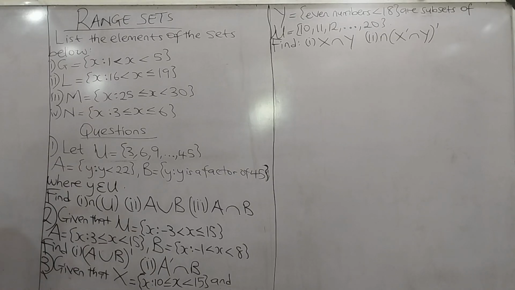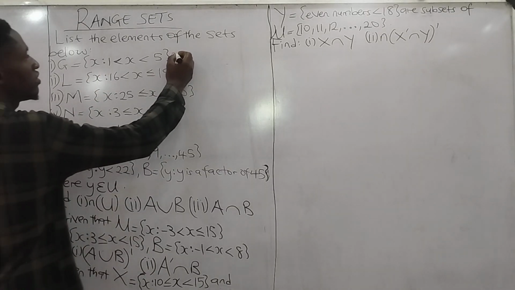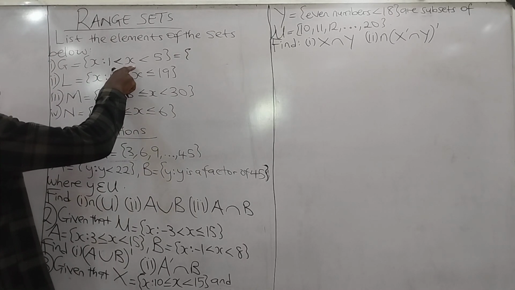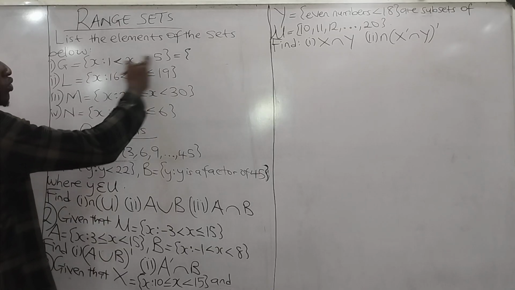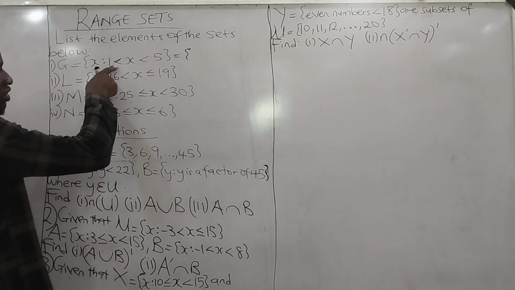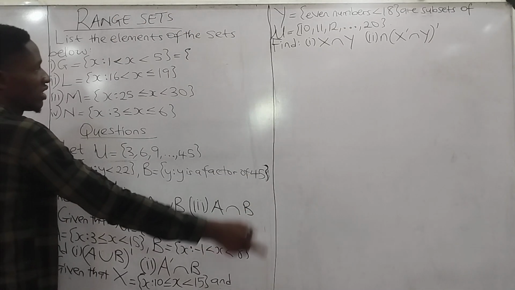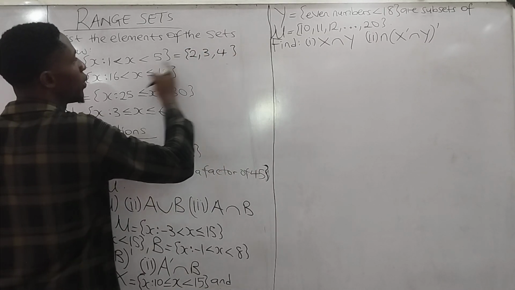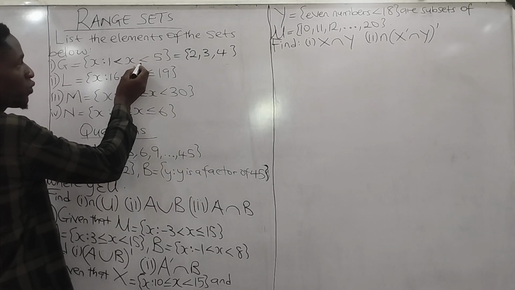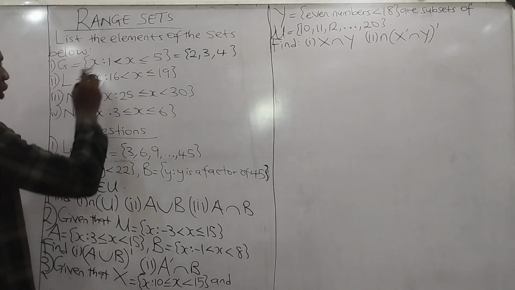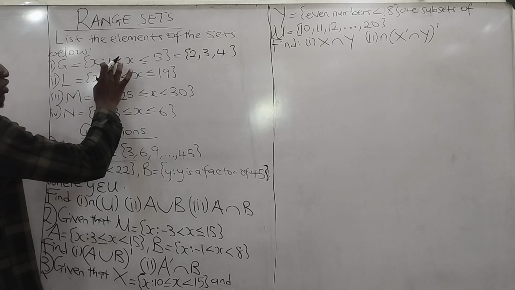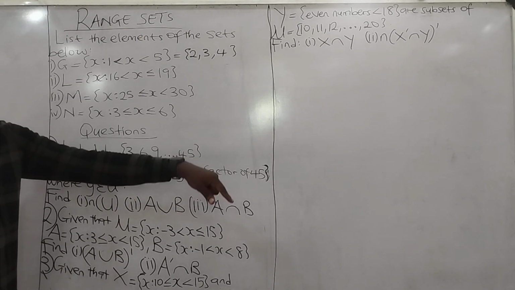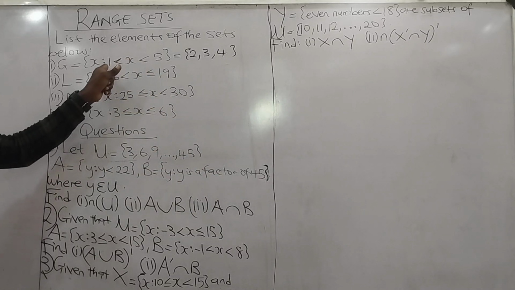For example, if you are to list all the elements here, you can see that this is 1 less than x. So we are looking at from 1 to 5. Since this is less than, we'll start with the next one, which is 2, 3, 4. Then we are not picking this 5, except if we have equal to. If we have equal to here, we'll start with 1. But since we don't have equal to here, we are going to start with the next one. So that is what happened here.